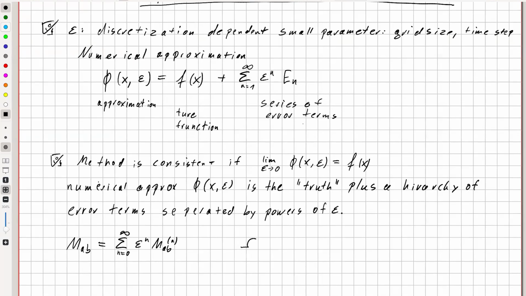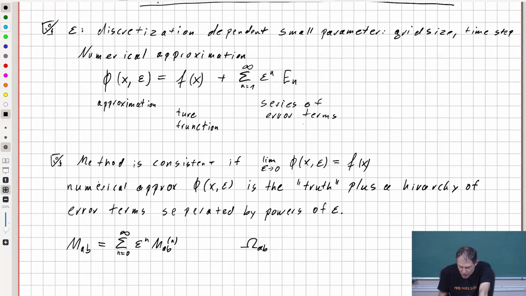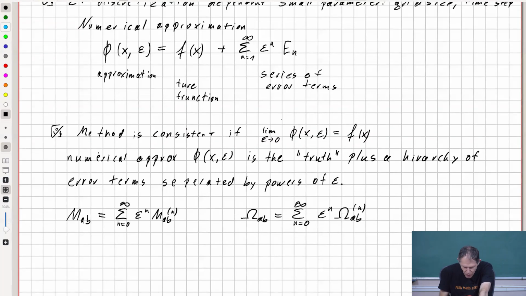And we can assume that we also can write the other moments, the collision moments, as a sum of the same kind, namely epsilon to the power of n times omega of the order n. And the very, very important thing here is that all the information of the smallness parameter is in this expansion.